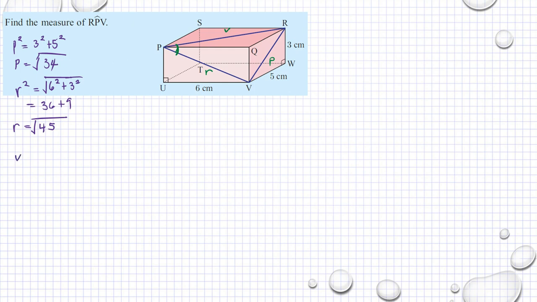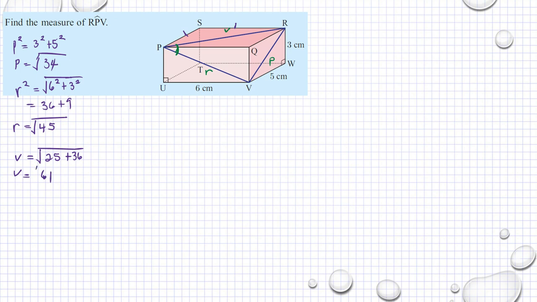For our v, I will do it directly here. What is this side? That is 5, that is 25, 5 squared. And this side, 6, that is 36. So our v is the square root of 61. Okay?